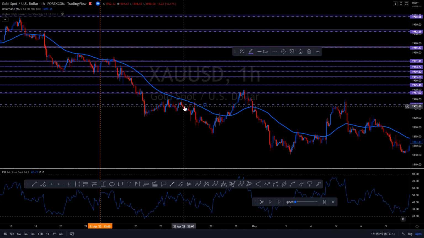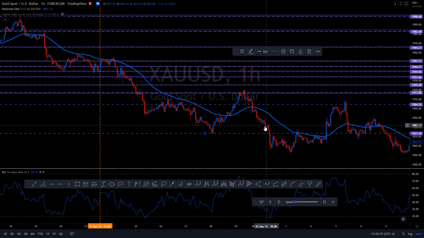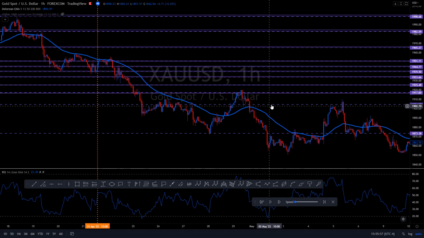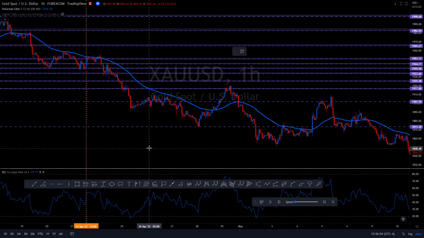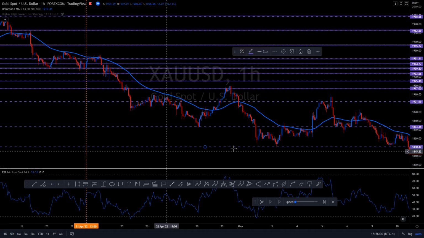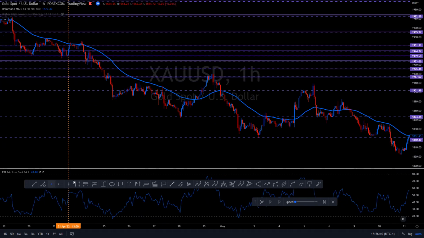This was really a base supply zone here. And then price ultimately went down and hit this demand zone down here. And then a demand zone here, and down here.